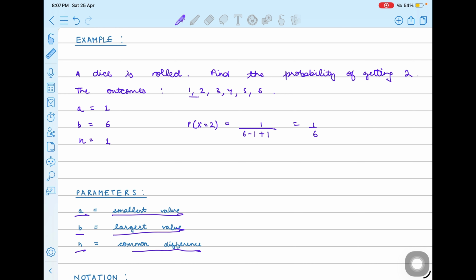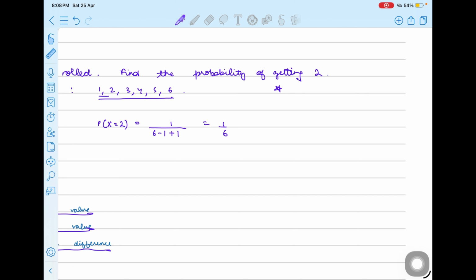In this case, it's also quite easy to calculate the probability without using the formula, since all of these outcomes are equally likely when a die is thrown. However, this formula is especially useful when the random variables do not begin from 1 and don't have a gap equal to 1. For example, we have 2, 4, 6, 8, 10, and 12.